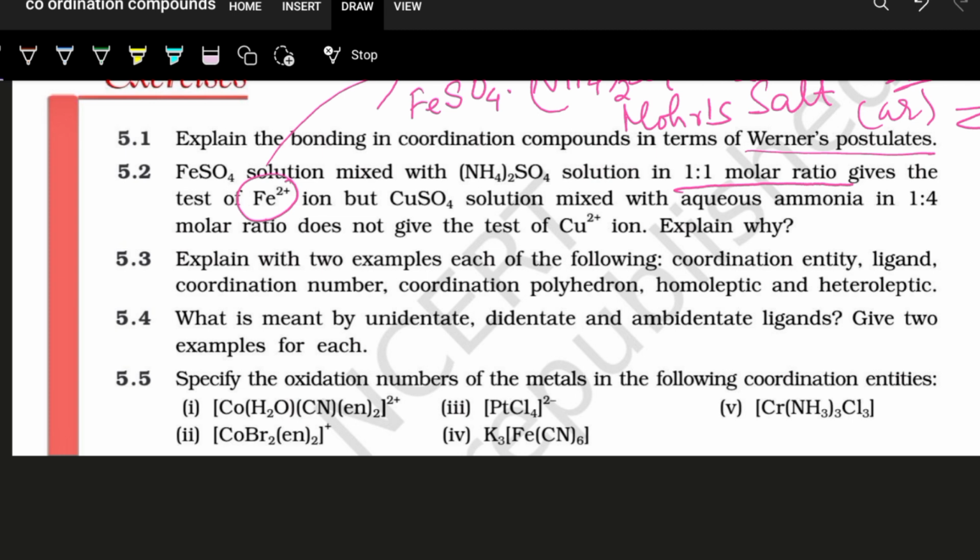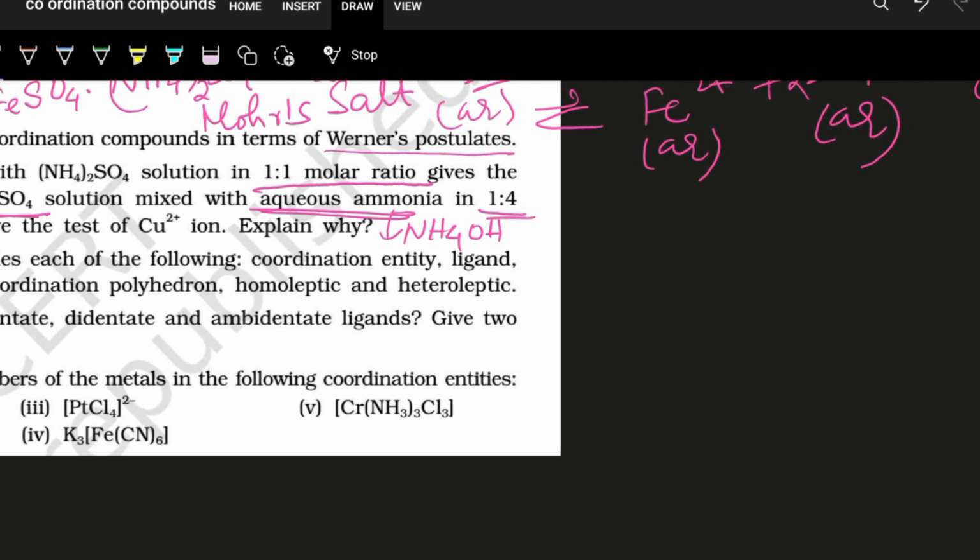Now, when copper sulfate solution is mixed with aqueous ammonia, you should know that aqueous ammonia actually means NH4OH, in 1:4 molar ratio. Remember it forms a complex, [Cu(NH3)4]SO4, where sulfate is the counter ion.